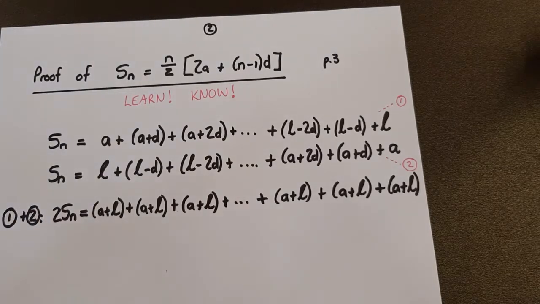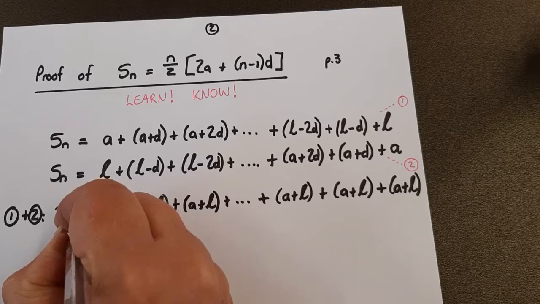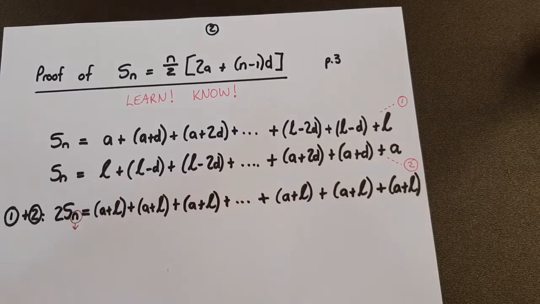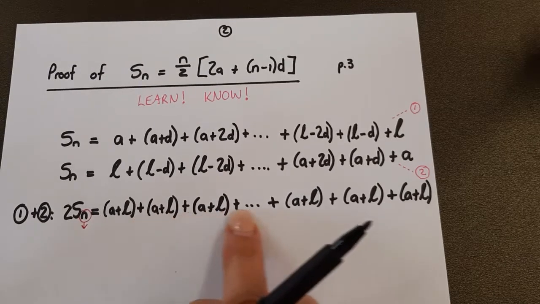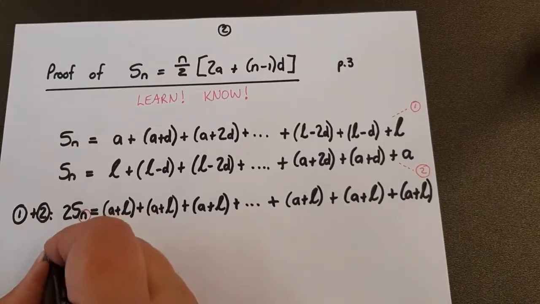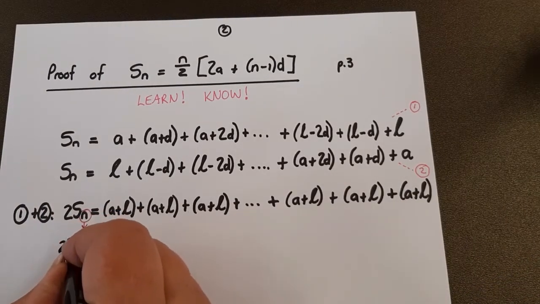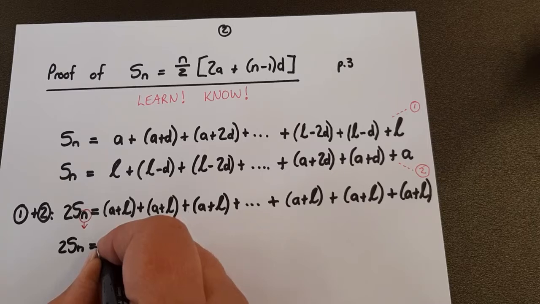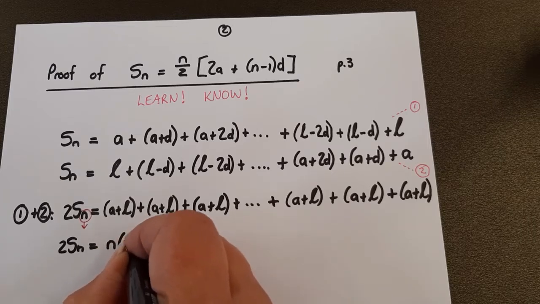Now we know the n here tells us how many terms there are. Therefore, we added these a plus l's n times. So now we have 2Sn equals n times a plus l.